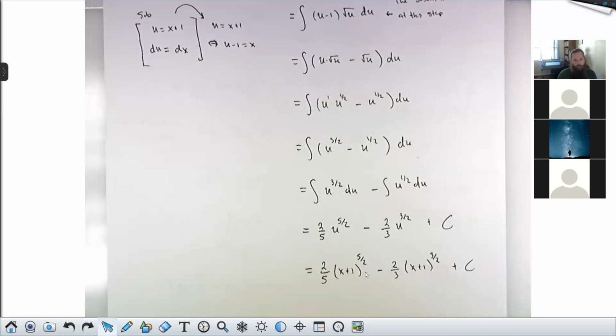And again, these powers don't distribute. I can't give them to these pieces individually. I just have to leave it like this. I could write this as x plus 1 to the 5, all under a square root, and x plus 1 to the 3, all under a square root, but that's uglier than this. Let's just leave it like this.